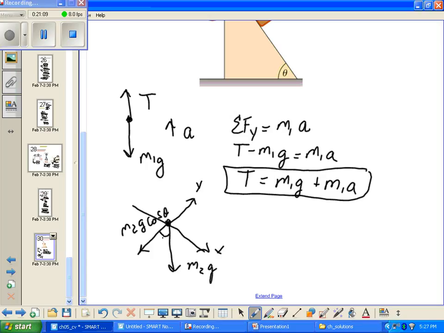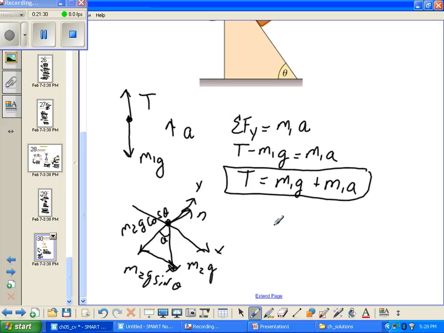Okay, here's theta. And here's the component of gravity, which is parallel to the incline, m2g sine of theta. Of course, we have a normal force here, and if we had friction, we would add that along here.